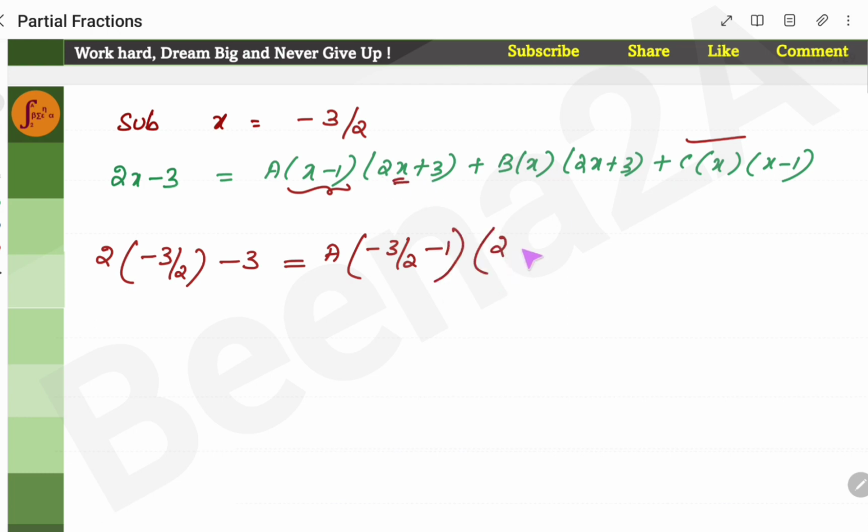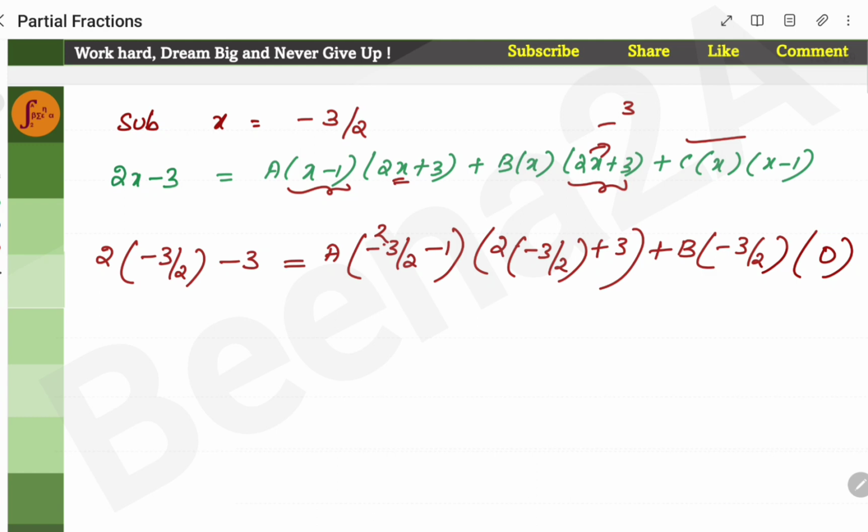Instead of x, I am putting minus 3 by 2. It will become 0 here, plus b into minus 3 by 2. Again, it will become 0 here. So it will become 0 plus c into minus 3 by 2 into minus 3 by 2 minus 1.